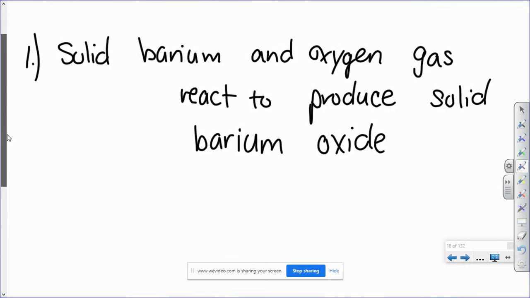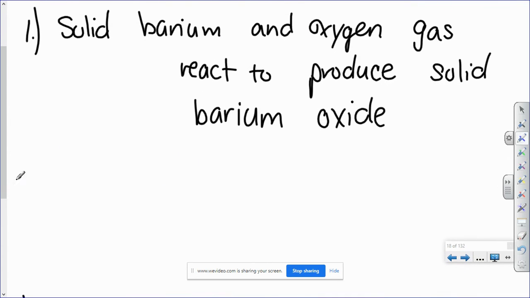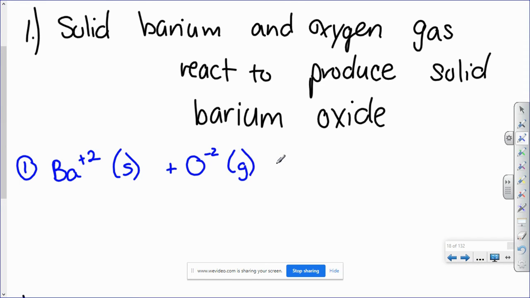If we do example 3, solid barium, right, so that tells me Ba, which is +2, and it's telling me it is solid, so I'm going to write solid for its state of matter, and oxygen gas, react to produce, so that's my yield, solid barium oxide, so Ba+2, oxide is the same thing as oxygen, and it's also solid.